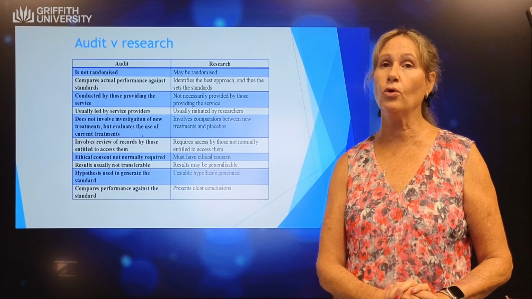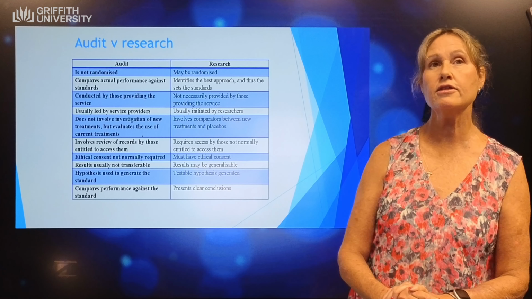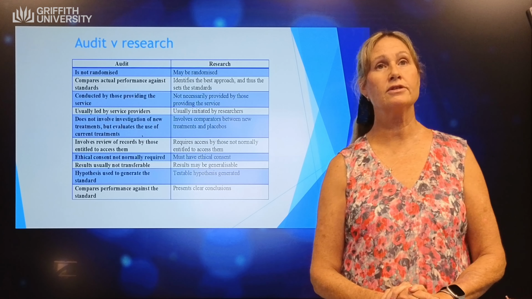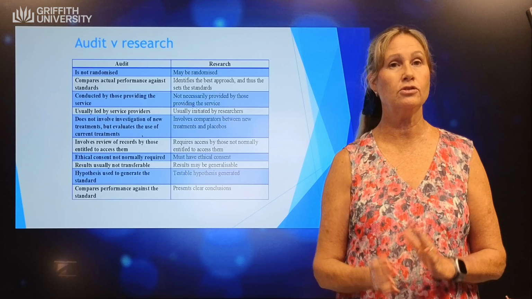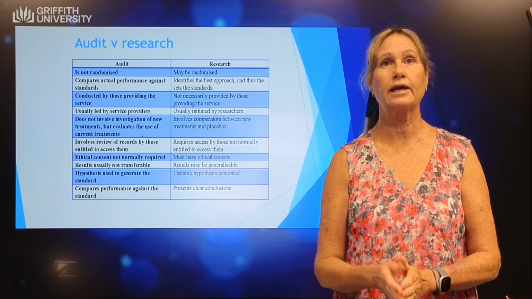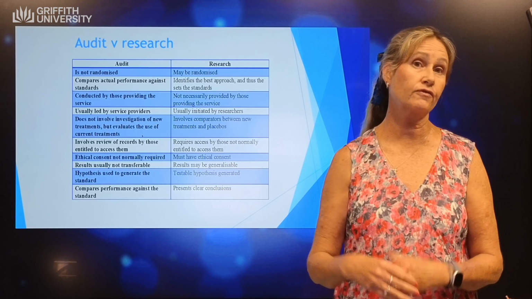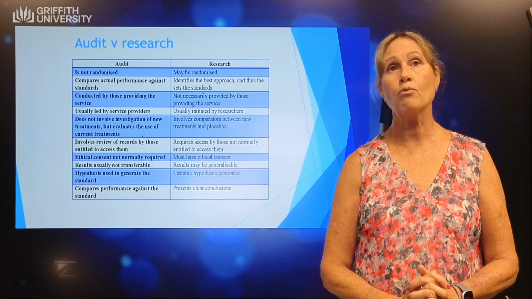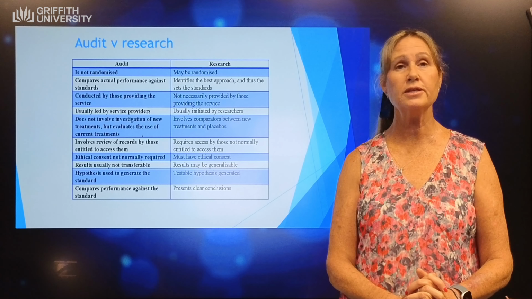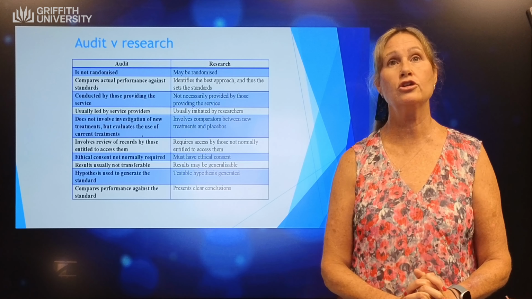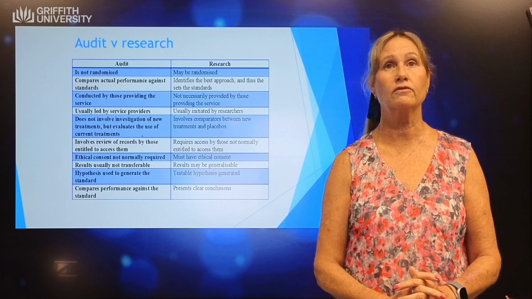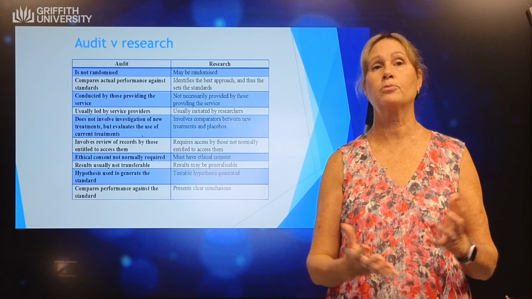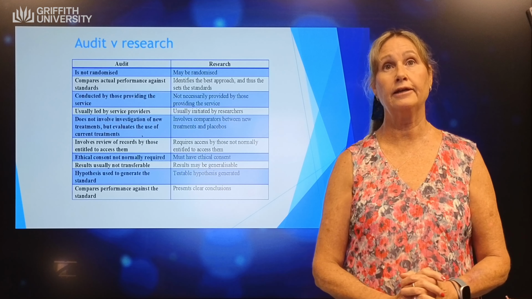When we're looking at audit versus research, one of the things that is very clear is that an audit is not randomized. You choose your sample and that's who you look at. Whereas in research, there's often inclusion and exclusion criteria, and it may be randomized. And in an audit we're comparing actual performance against a standard, whereas in research you're normally looking at the best approach, underlying what's actually happening.